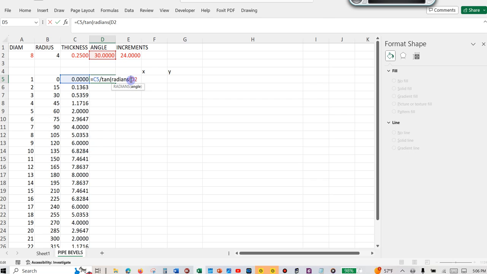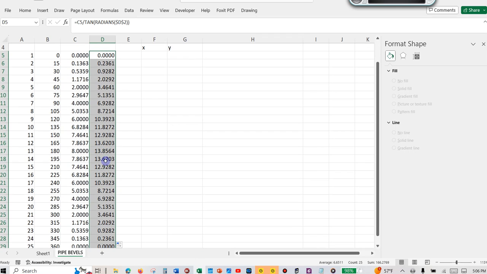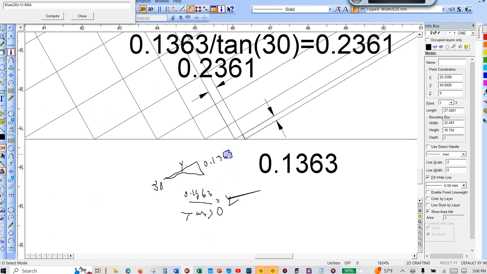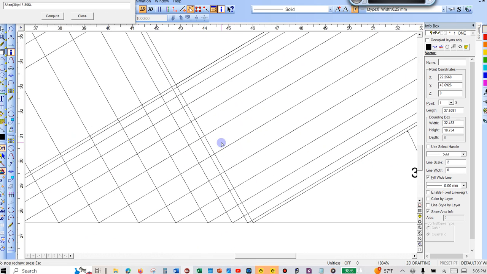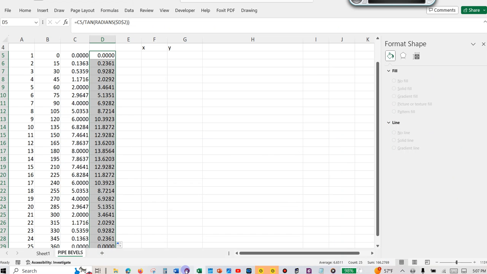We're going to lock that cell. Tangent of 30, close, enter, and then that should populate properly, 0.2361, and then the last one was 13.8564, right? Okay, so that's looking good now.